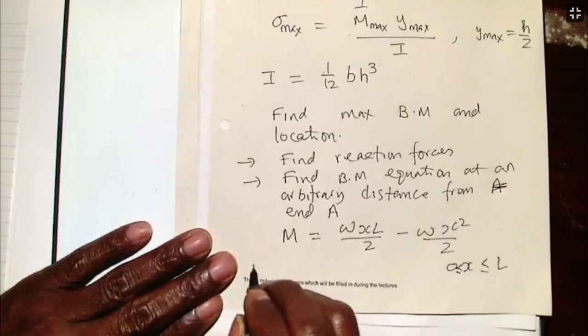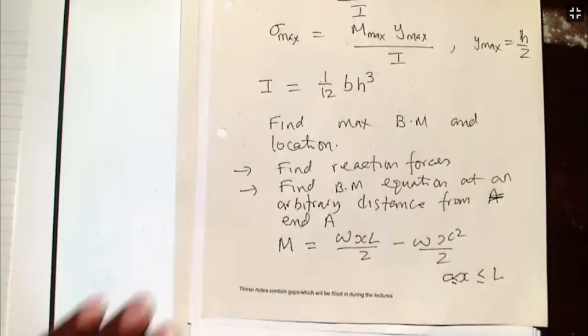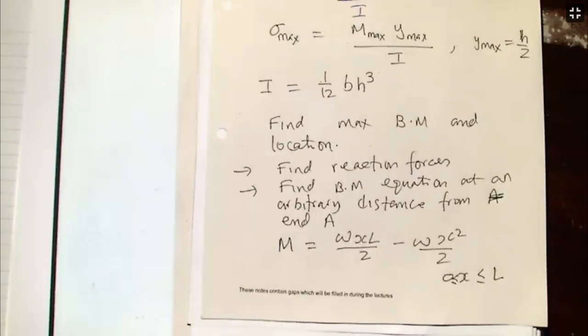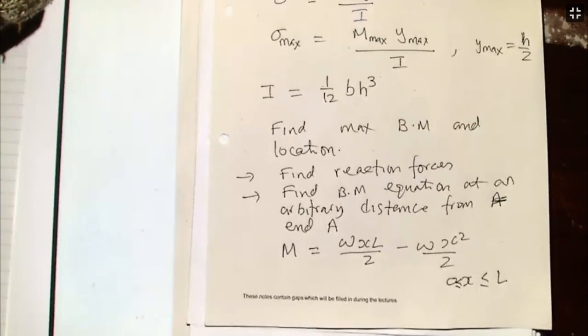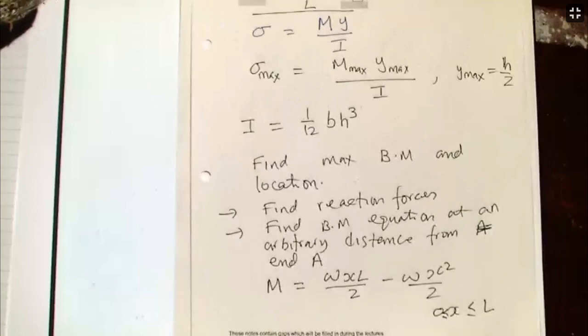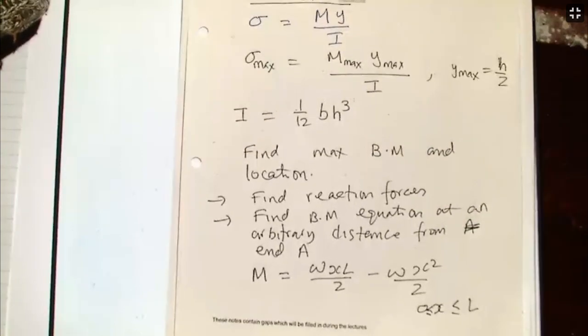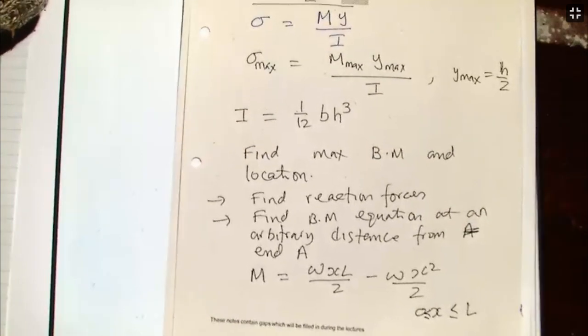It is maximum at the center for this particular case, so M max occurs at the center of the beam. We did that in one of the solutions that we discussed at the lecture, I think on Tuesday last week.